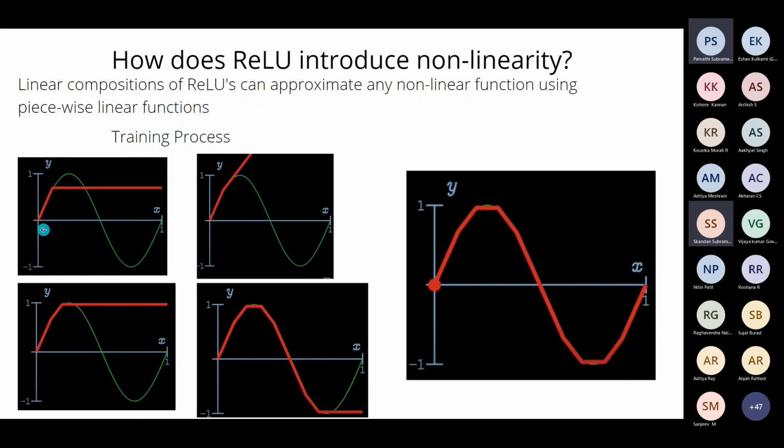By adjusting the bias, I can shift it up and down on the y axis, and by adjusting the weights, I can change the angle between the zero line and the greater than zero line. So I can adjust this angle as well as move this around, and that gives me the flexibility to piecewise linear approximate any kind of function.